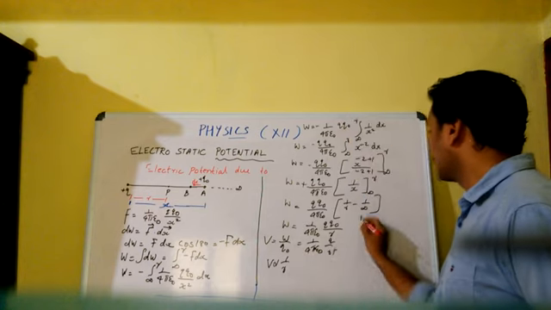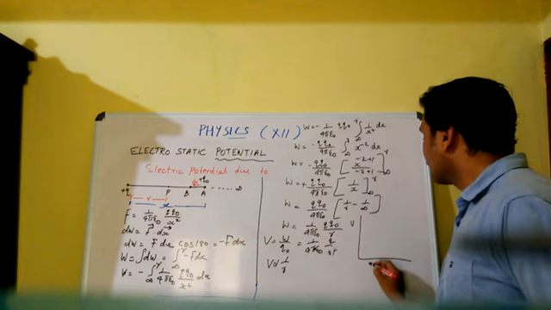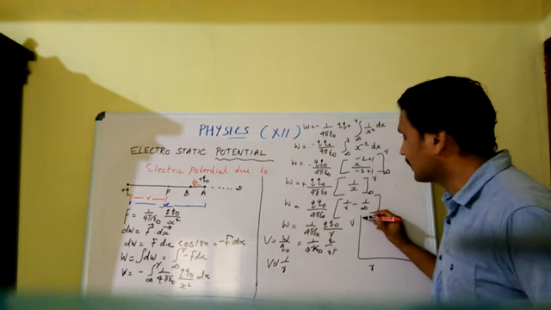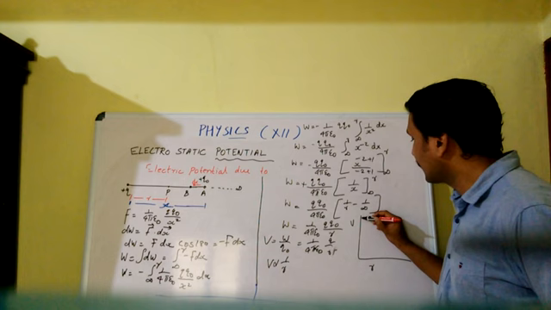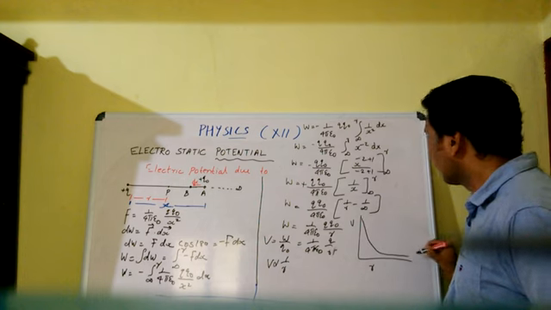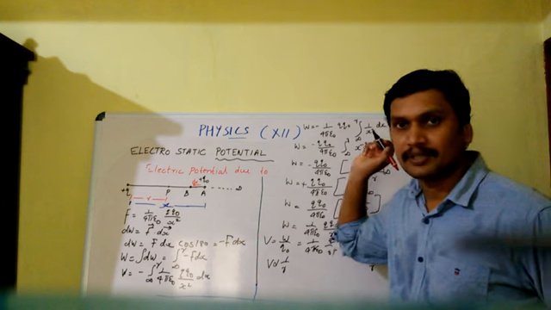So if you plot a graph between V and r, it will be maximum near the charge, and when r increases, the electrostatic potential decreases and is 0 only at infinity.